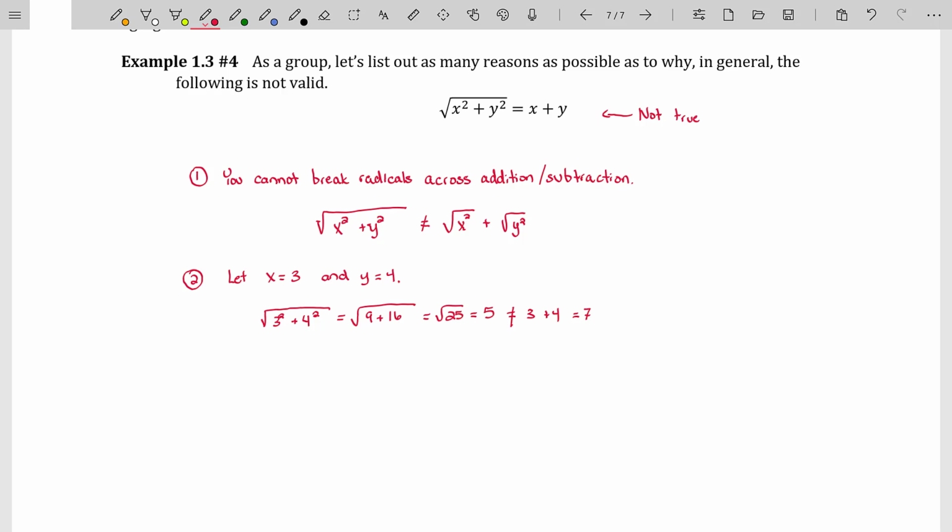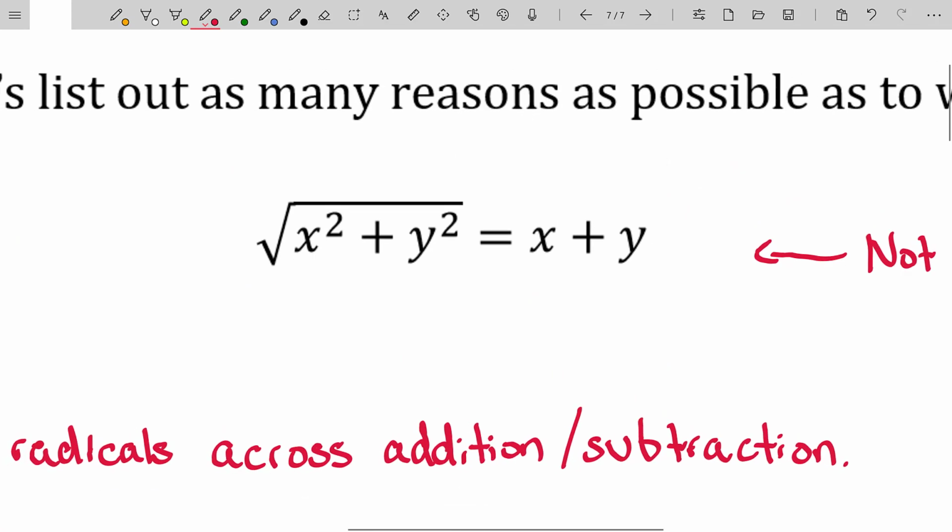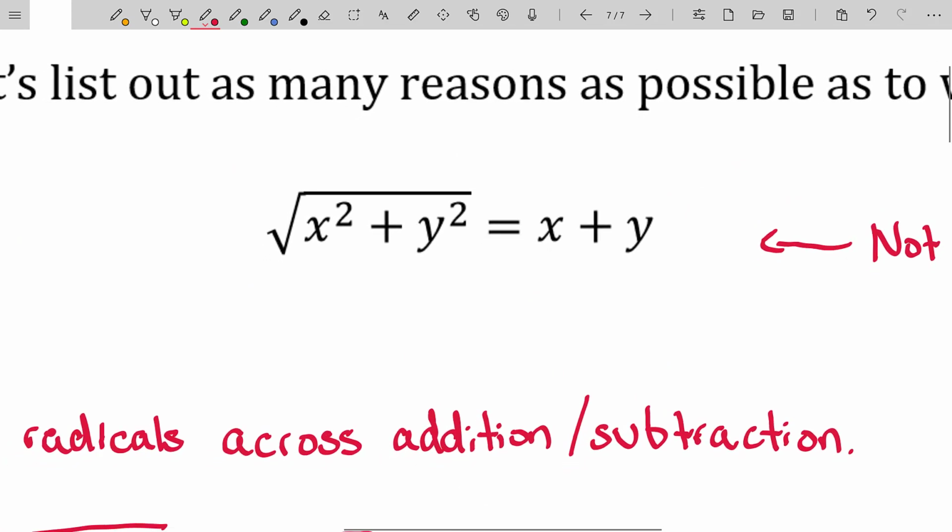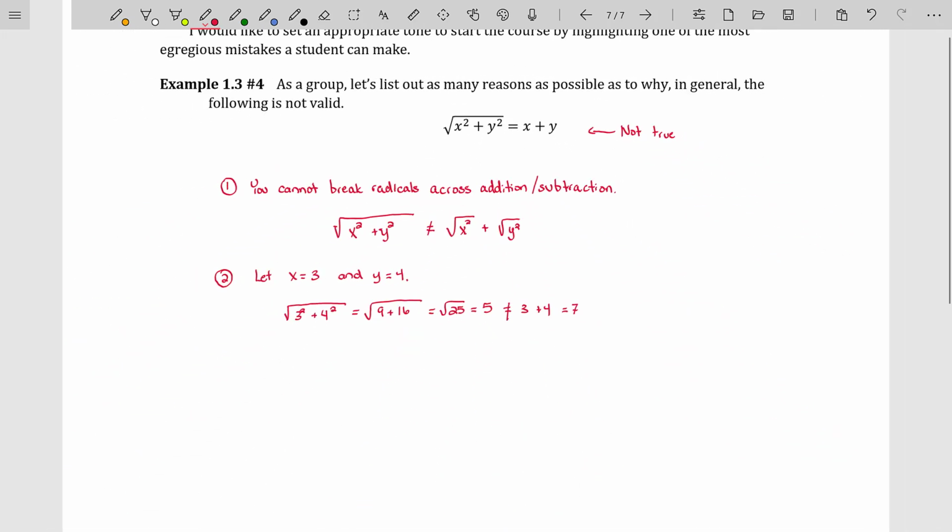Okay, so what's another reason why this is not true all the time? And probably the most obscure reason, I think, for students is the Pythagorean theorem. Now you might think, wait, why is he bringing Pythagorean theorem into this? It's not even a triangle. And you're right, it's not.